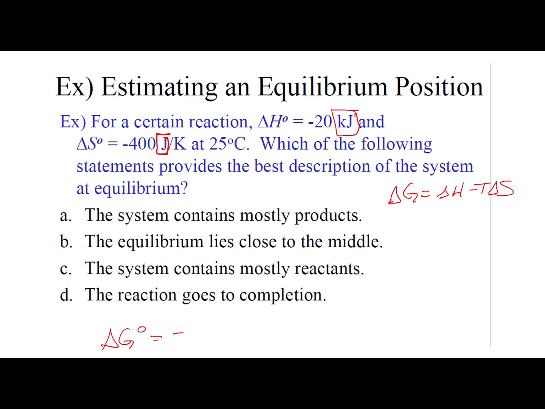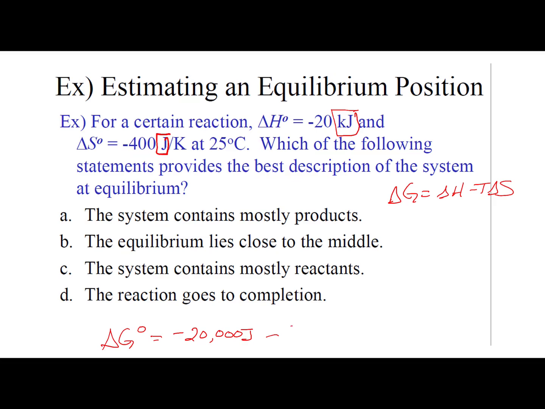So negative 20 kilojoules, there's 1,000 joules in a kilojoule, so let's make that negative 20,000 joules. Then we won't have to do anything else. I think that's a little easier if we didn't have a calculator.